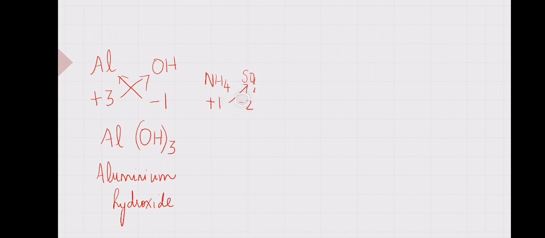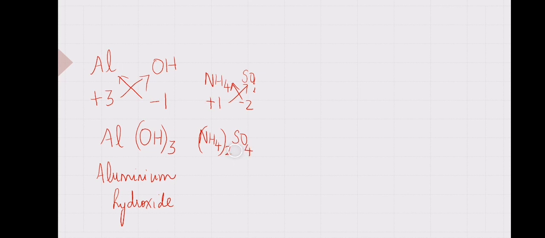So when I crisscross, I will get NH4. Ammonium is also polyatomic. Sulfate is also polyatomic. Sulfate is only 1, so we need not write it in brackets. Only ammonium will be written in brackets since 2 ammonium ions are there. So (NH4)2SO4.